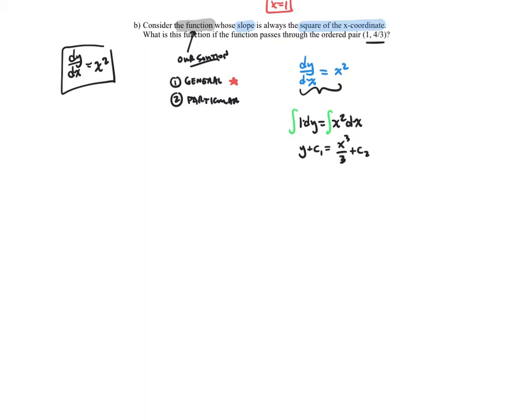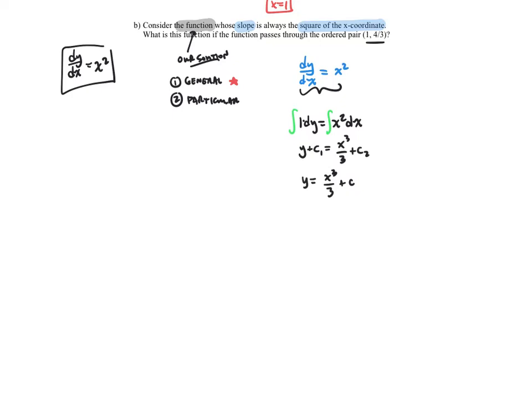Now this will be the only time I use c on both sides of the equation. From now on, I'm just going to do the step I'm about to show you, which is I'm going to subtract c1 from both sides, and c2 minus c1 is still just a constant. So I would leave it as y equals x cubed over 3 plus c.